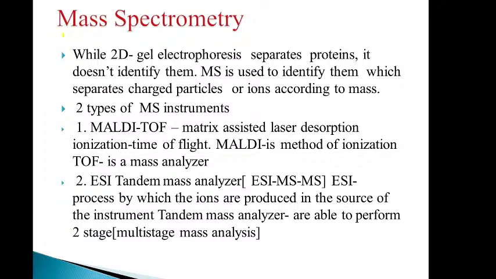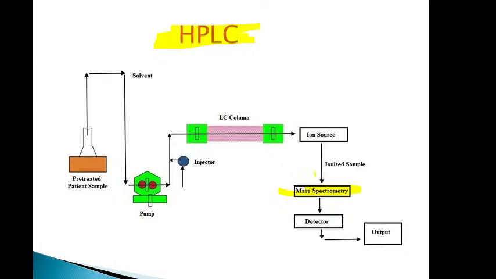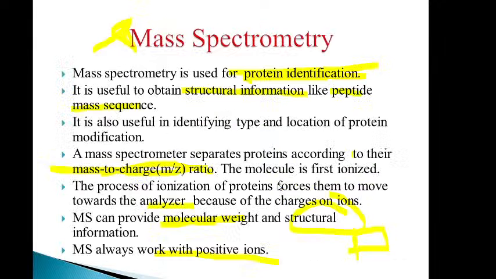Like in 2D gel electrophoresis, proteins get separated. It does not identify them. Even we have seen there is a separation of the protein. The dots are there. There is a separation of the protein here. But we are not able to know the molecular weight or something like this.